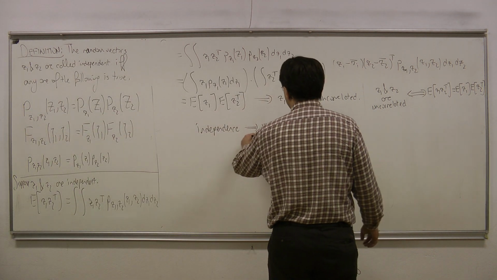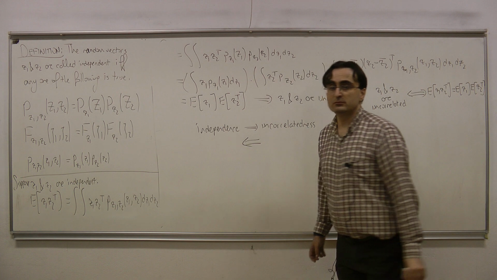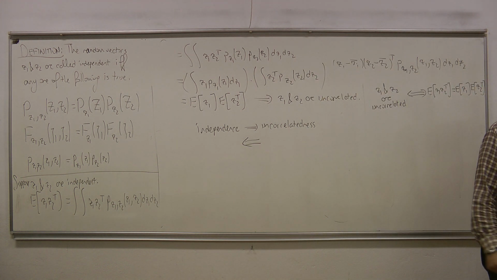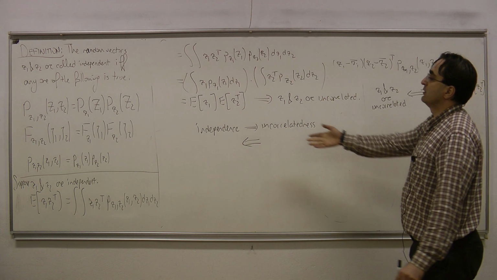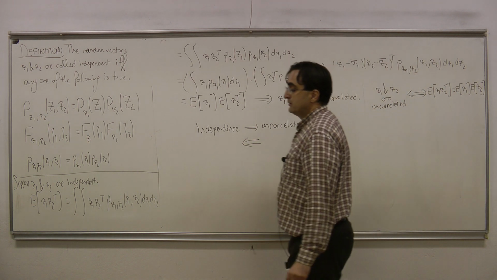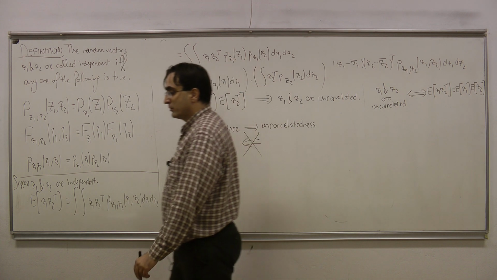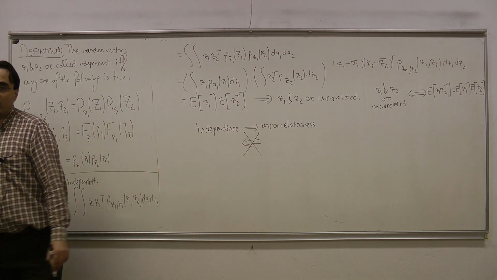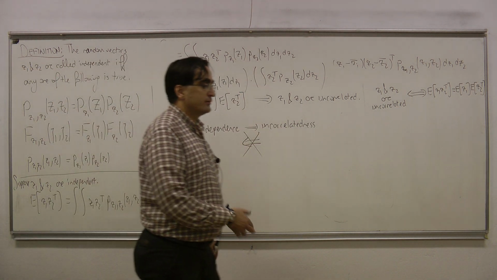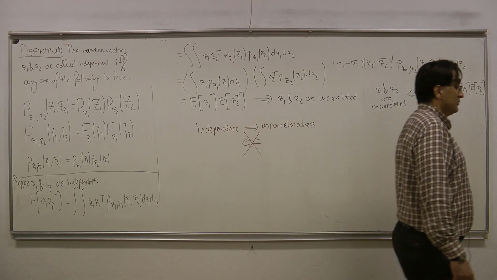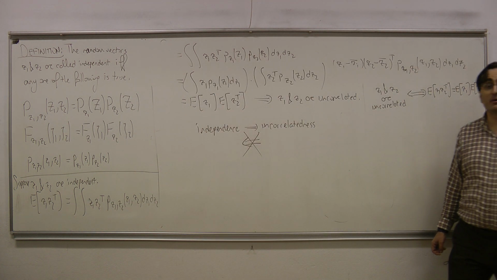But what about the reverse implication? If two random variables are uncorrelated, are they independent? In general, the reverse implication is not correct. Okay? So there can be two uncorrelated random variables which are not independent.